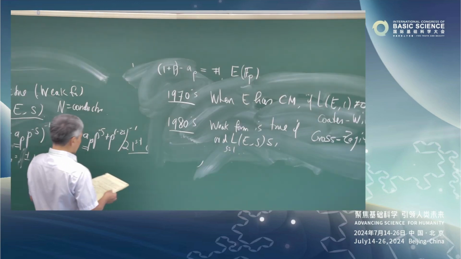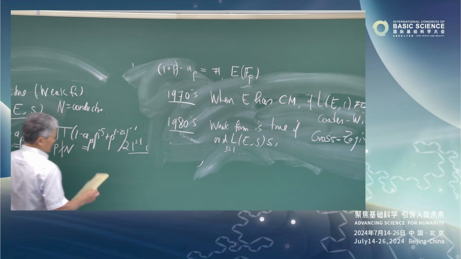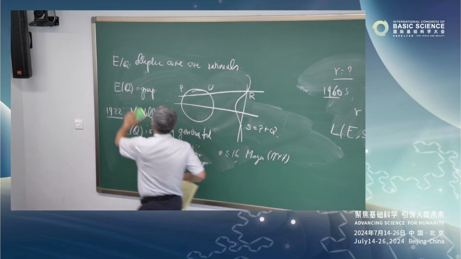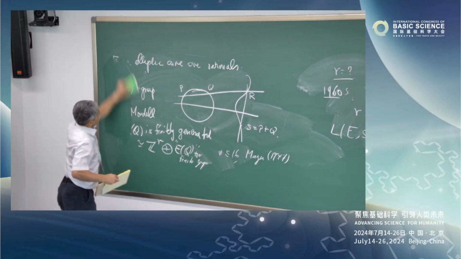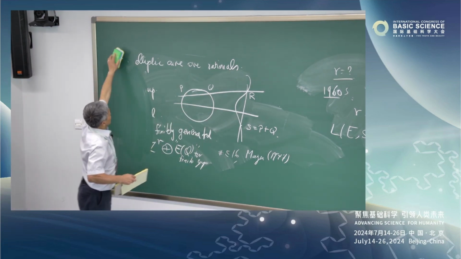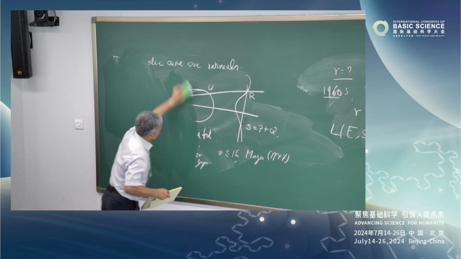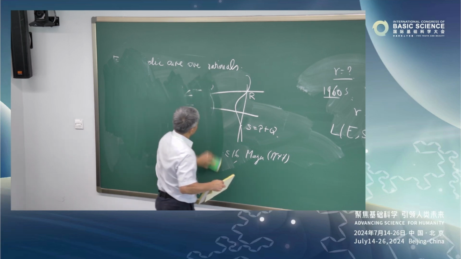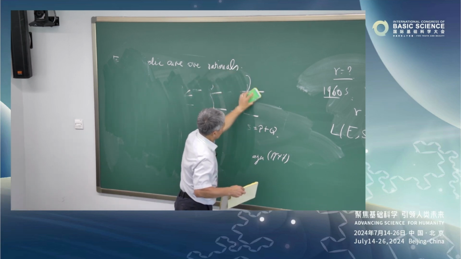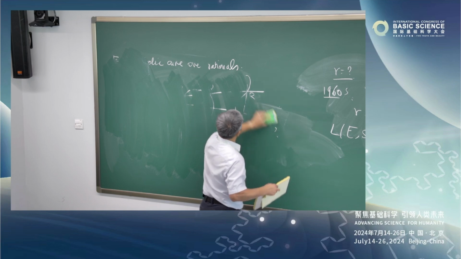Okay, so I want to explain how Gross-Zagier proved the theorem. This is very hard. Why?